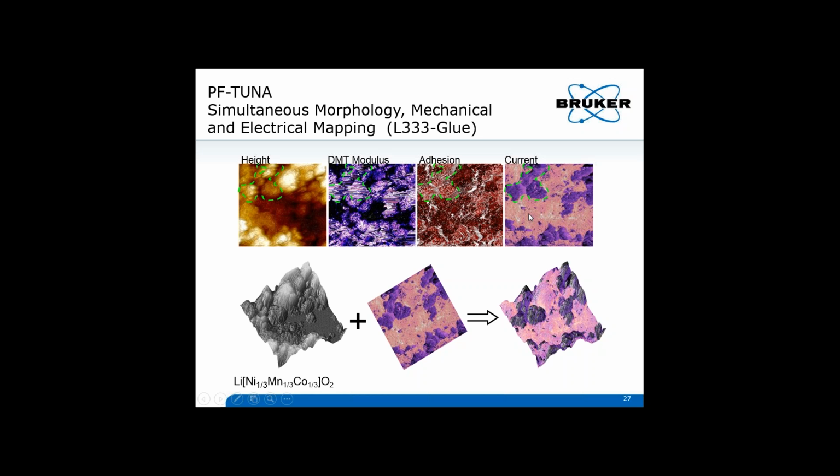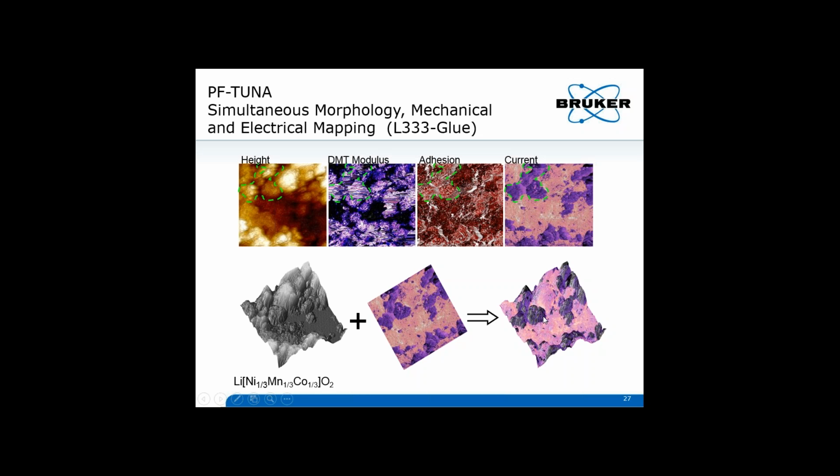The pink area is more conductive compared to this area. And we know that this is the PVDF and AB conductive polymer complex. So if we overlay the height and current image, we get this overlay image.